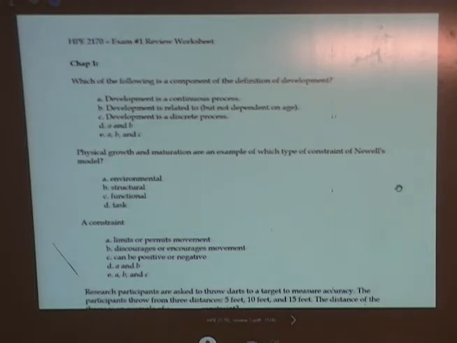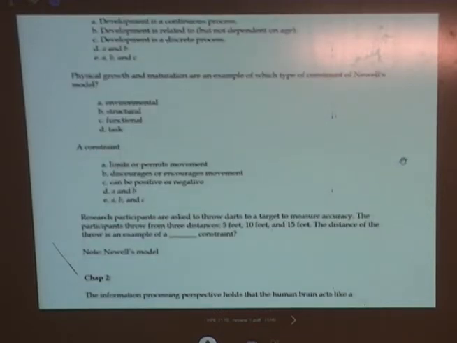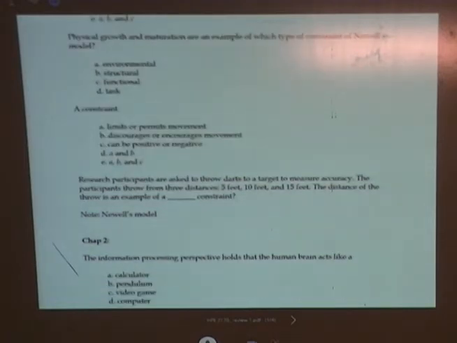Graydon, you're up for the next one. All right. So a constraint: isn't it A, B, and C? Yes, well done. A, B, and C. So answer E, right? It can limit, but it can also permit other types of movement. It can discourage.